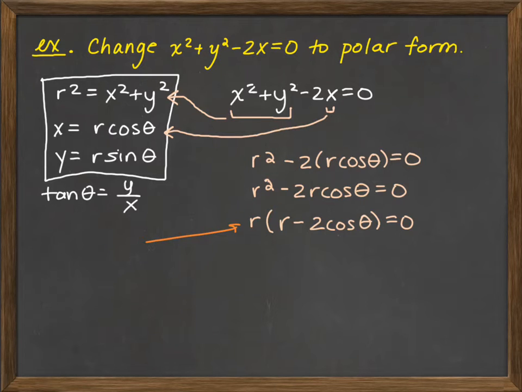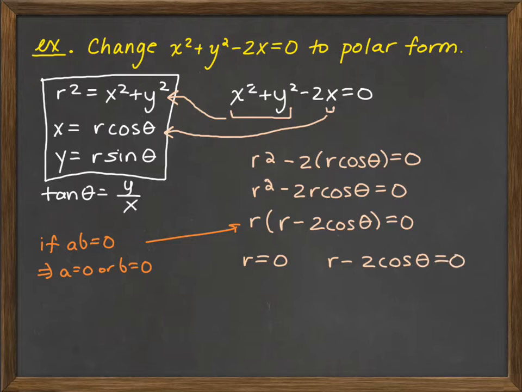That says that if AB equals 0, then A equals 0 or B equals 0. So if the product of two things is equal to 0, we can set them both equal to 0. So that's what we'll do here. We get r equals 0 and r minus 2 cosine theta equals 0. So this is already solved for, and here we get r equals 2 cosine theta.